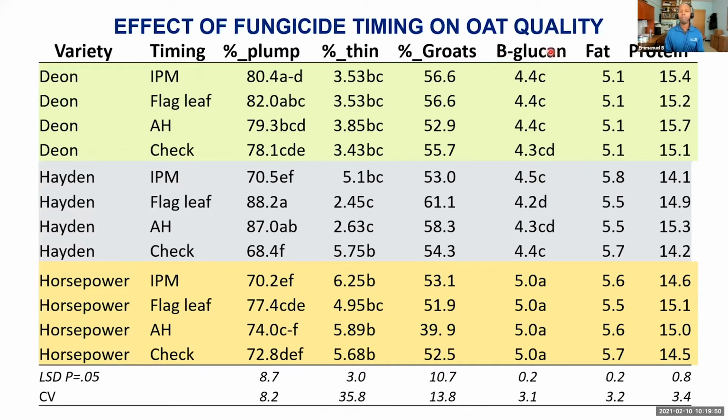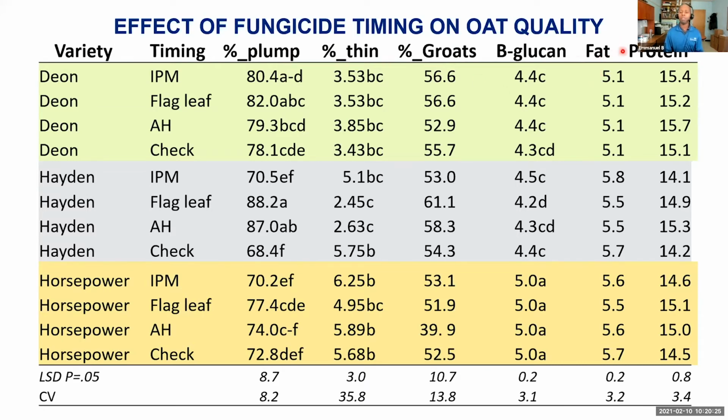This is a soluble fiber that is one of the reasons that oats are promoted as a healthy food. Beta glucan is thought to reduce blood cholesterol, so it is a very good health benefit in oats. And companies like General Mills are interested in how they can increase beta glucan in their oats. We also looked at groats, which is the hard grain, percent thins, and plumps, and how those were affected by the fungicide.